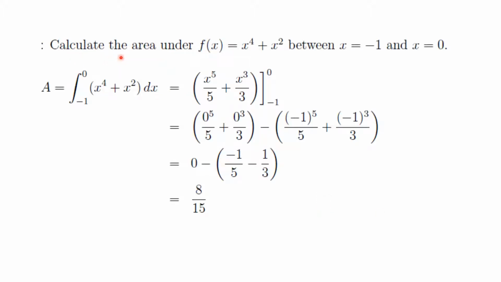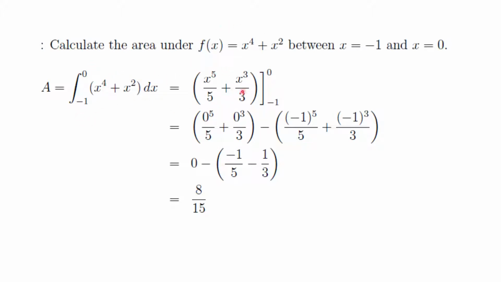For this example, you have to calculate the area under a curve f(x) between x equals -1 and x equals 0. It's quite clear the area is bounded by the x-axis. Lower limit will be -1 and upper limit is 0, and the function is as given. So you integrate the function given between -1 and 0.